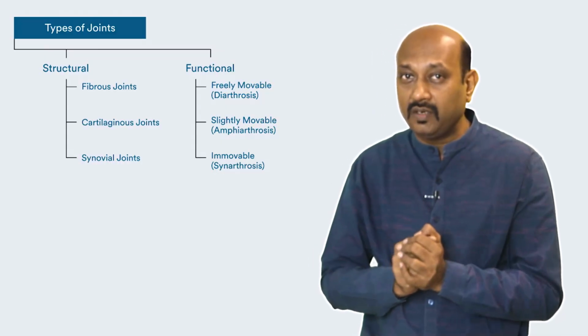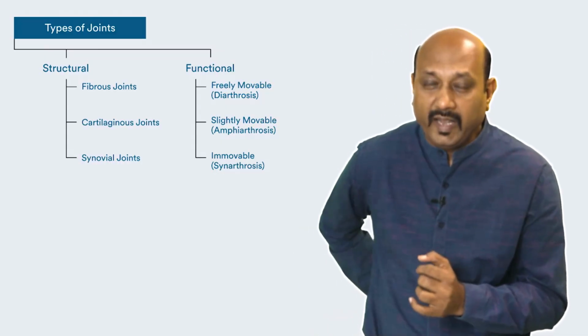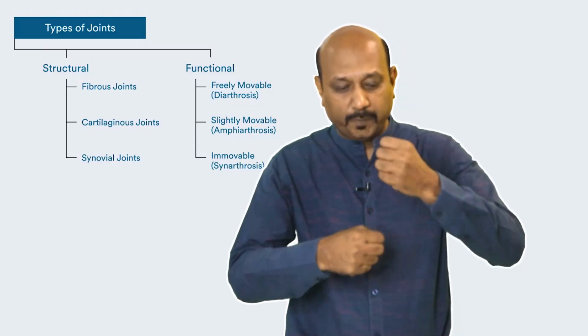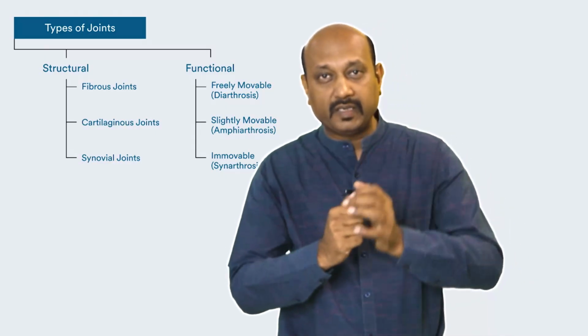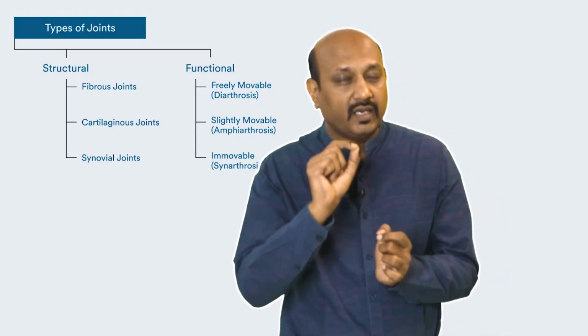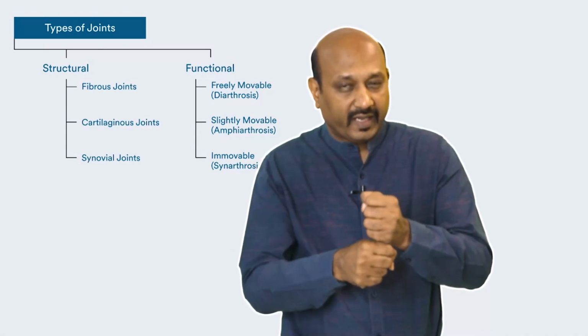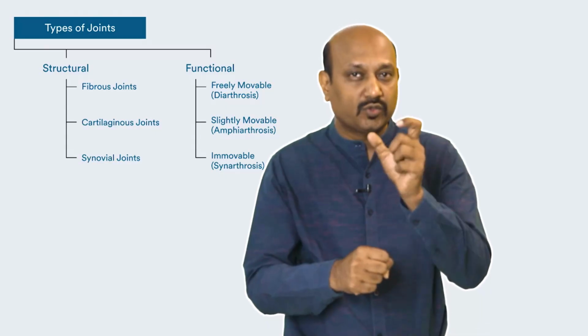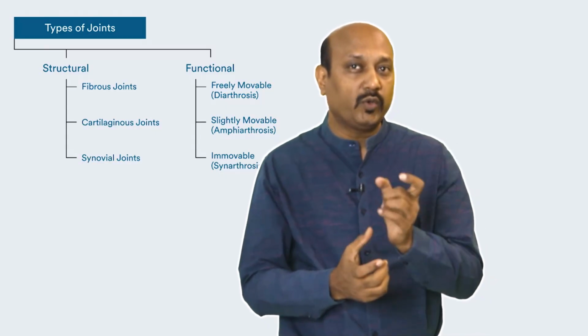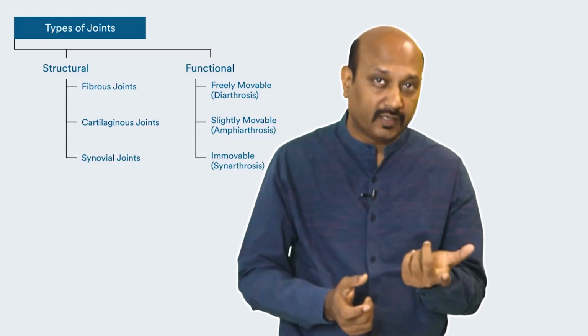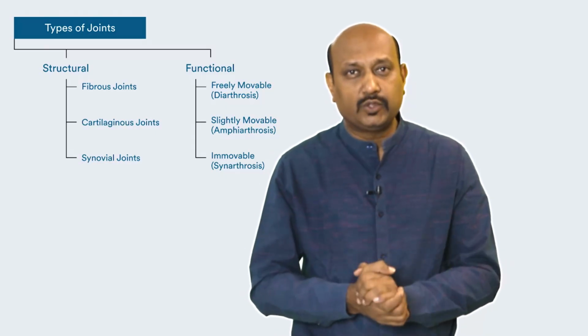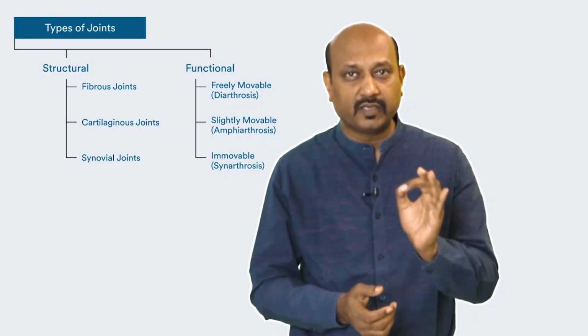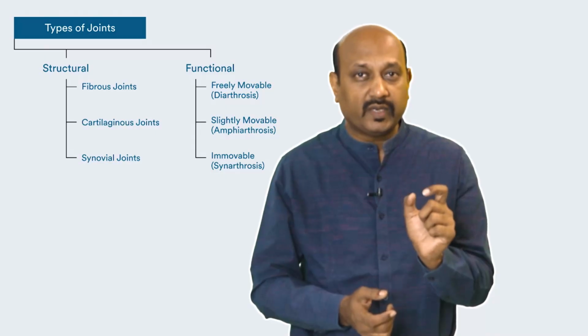What is the example of amphiarthrosis? We have the vertebral column. Between the two vertebrae, we have a disc that is known as the intervertebral disc. So we can have very slight, very little movements. Those types of joints will be known as amphiarthrosis.